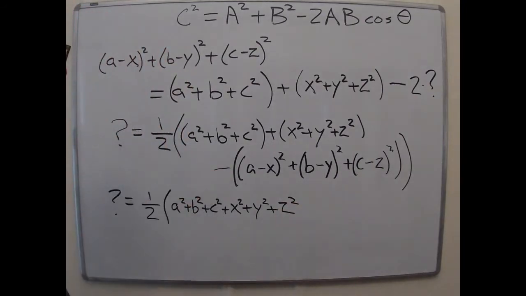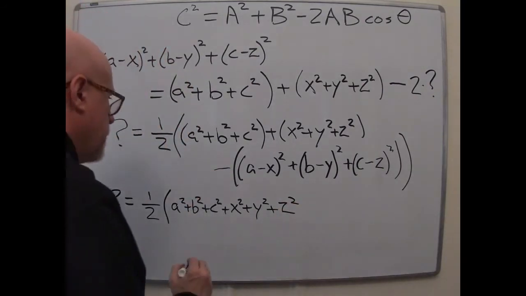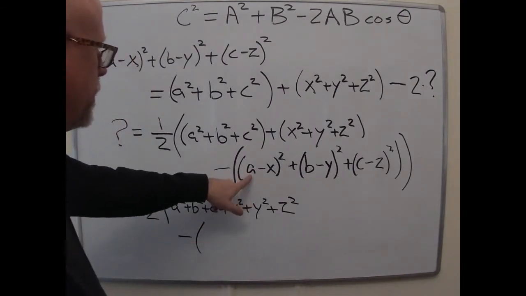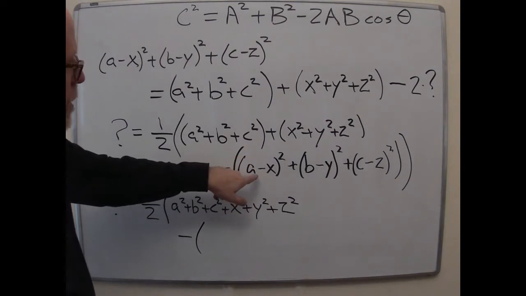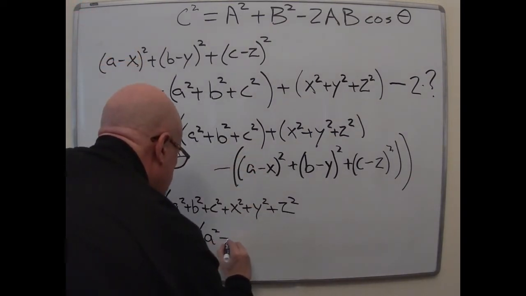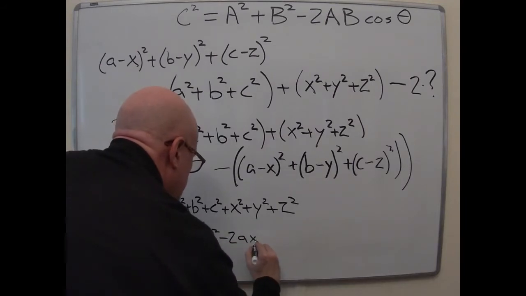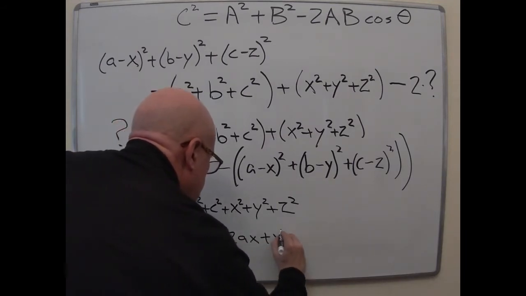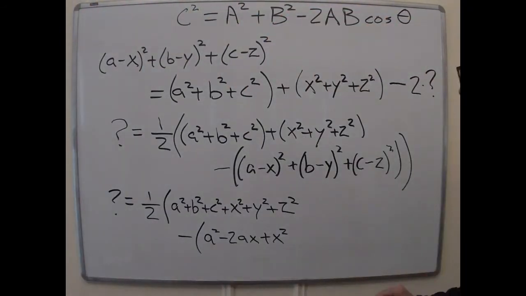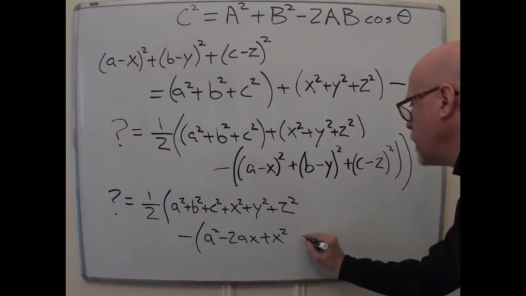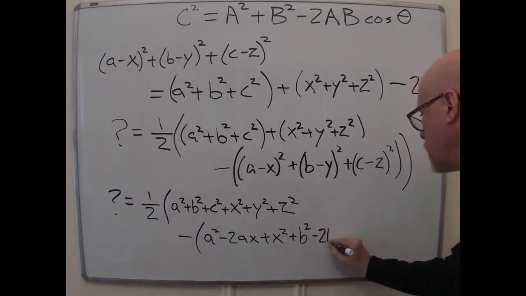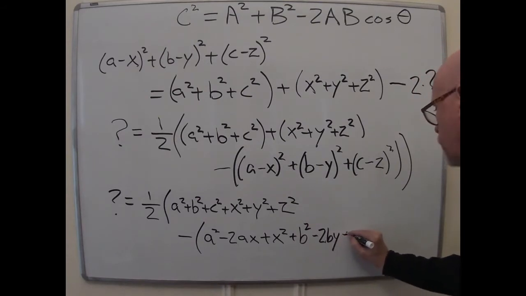And then look what else we're going to get. Let's FOIL these things out. You'll get a squared minus 2ax plus x squared. This one is going to give you b squared minus 2by plus y squared.